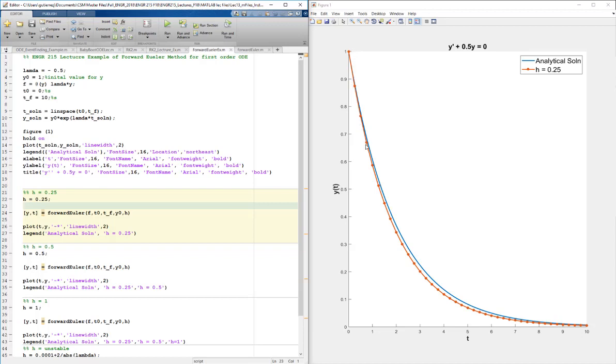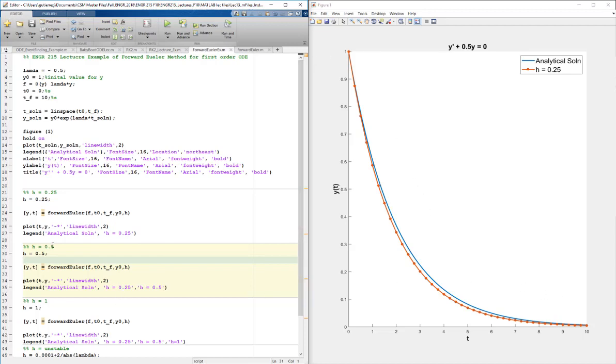And now we see our numerical approximation to this ODE, and it's quite close, or at least pretty close, for our numerical method with a time step of h equals 0.25 seconds. Well, if we increase our time step, remember that the error is of order delta t squared for each step, and then of order delta t for the entire domain.